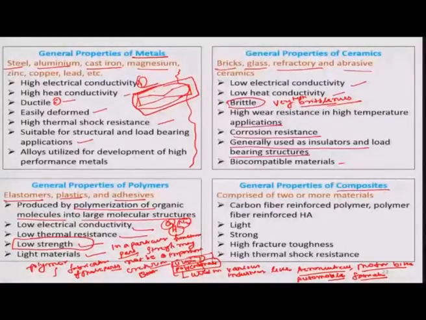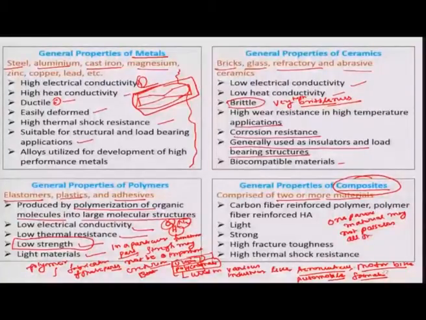Other materials are composites. Composites are made of two or more materials. Okay. Over the past several decades, significant research has been done in the area of composites, because one parent material may not possess all the properties you require.